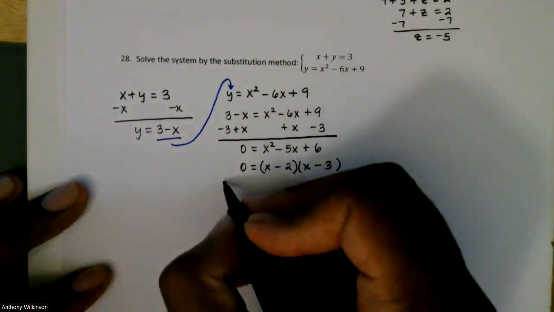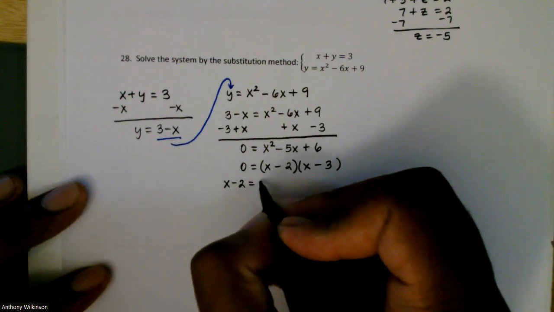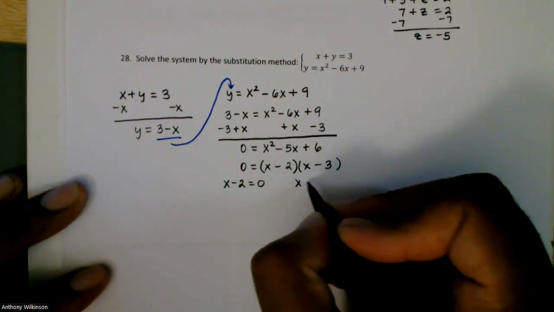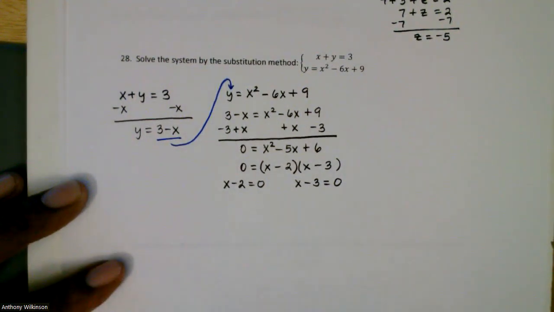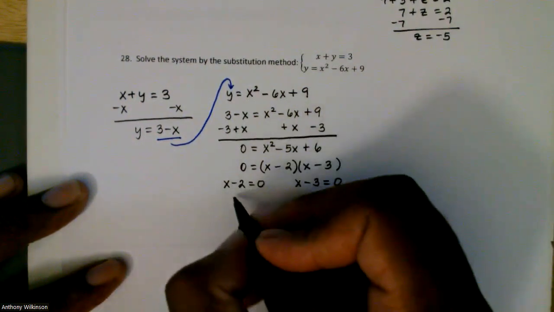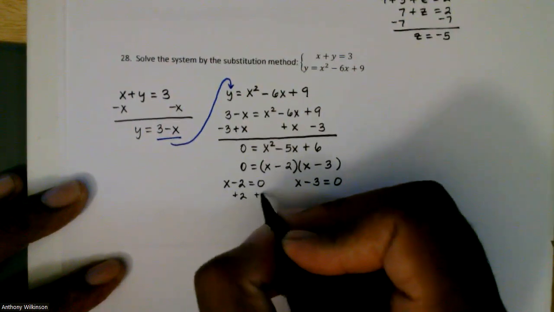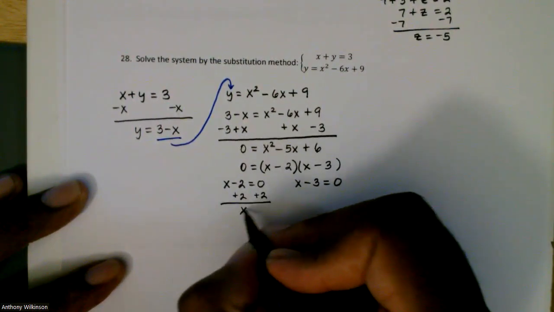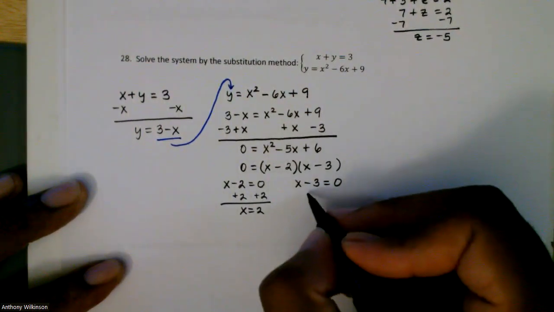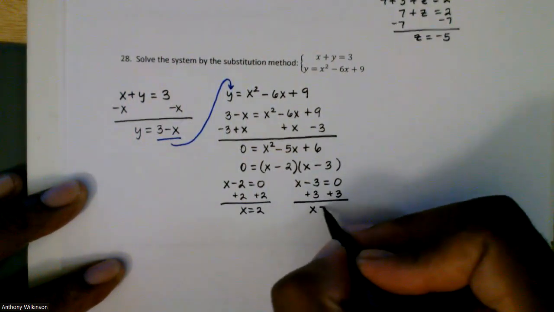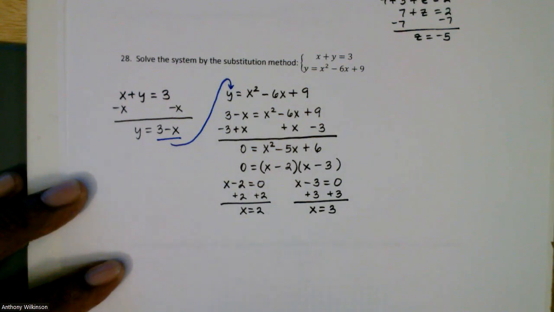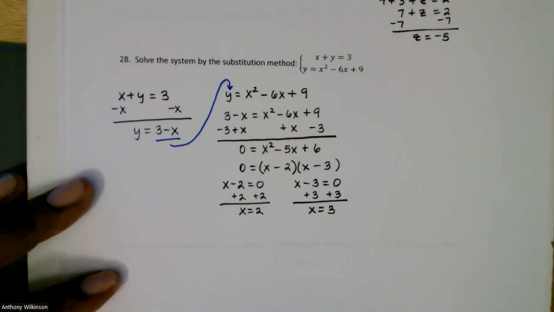So this means x minus 2 is equal to 0, and x minus 3 is equal to 0. Well, for x minus 2 is equal to 0, if I add 2, you'll get x is equal to 2. And then for x minus 3 is equal to 0, if I add 3, that would mean x is equal to 3.